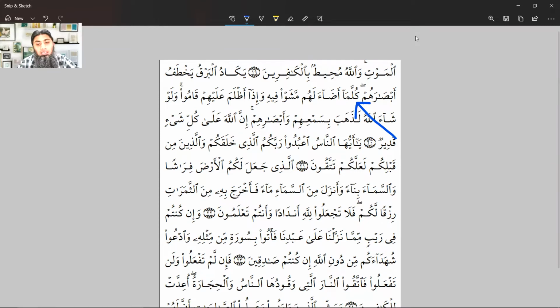That is one point. The second point, as we have discussed in the past as well, is that mudaf ilayhi in reality is one word, one ism in jar status.